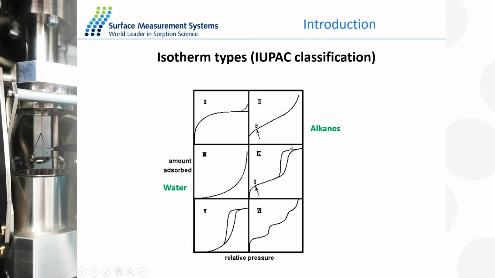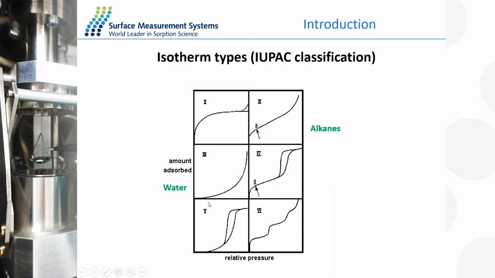The type 2 and type 4 isotherm are the normal forms of the isotherm obtained with the non-porous or macroporous material, with the monolayer and the multiple layer adsorption of the probe molecules. And these two isotherms are the ones used for the BET calculation, where we use the monolayer region to calculate the surface area of the solid material.